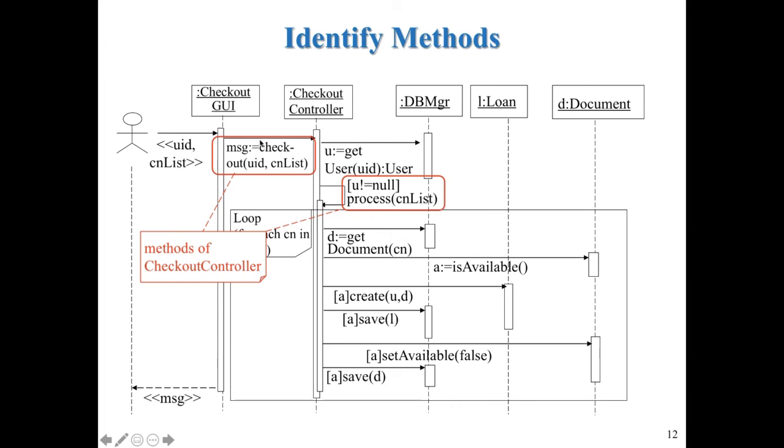You look at the arrow sign, and the arrow sign tells you the class to which the method should belong. So this method, get document, which class should it belong to? No, get document belongs to DB. Is available is a method of the document class. Similarly, you can identify all the methods and the classes they belong to.